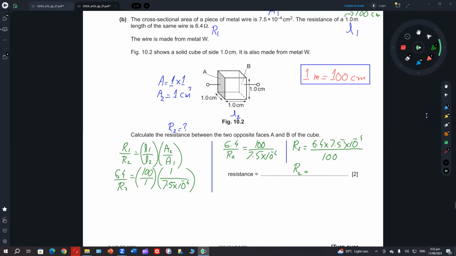Okay, what's the answer you're getting? 4.8 times 10 raised to the power of minus 5.